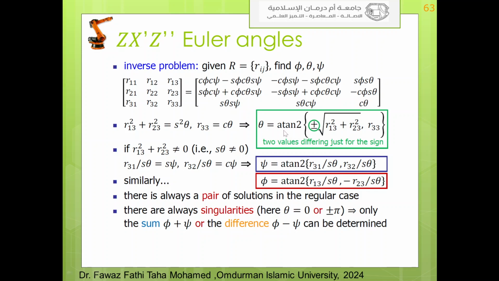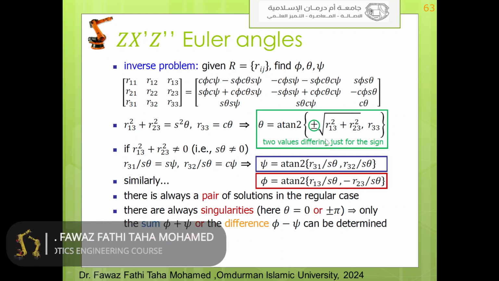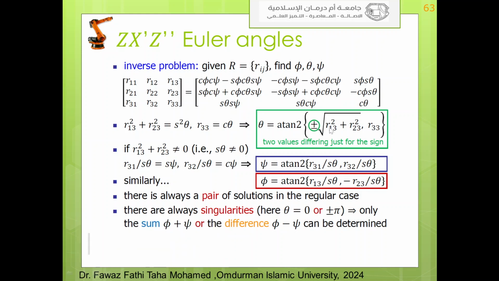I will show you the principle of this formula, atan2, because here we have a square root for this term, this term for sine, this term for cosine.